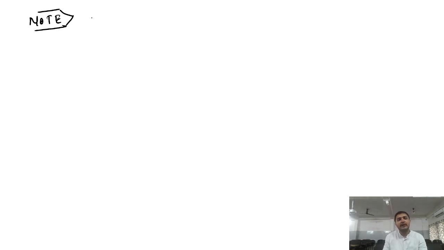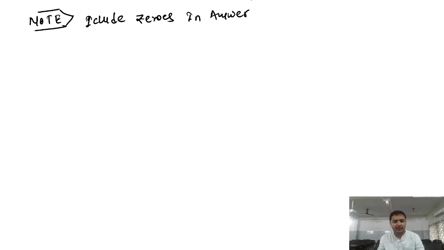Note point: include zeros in the answer. Look, this is student friendly language, which you won't find in the books. You cannot come to me and say, sir, in the books it is written likewise. Include zeros in the answer if equality holds.